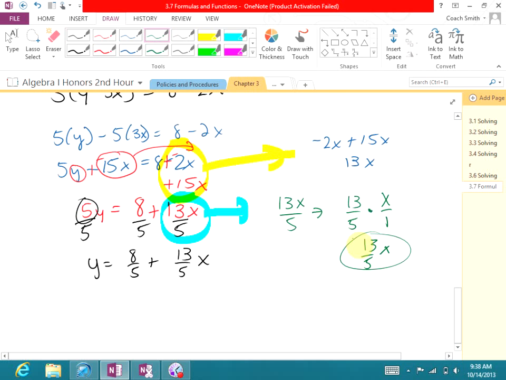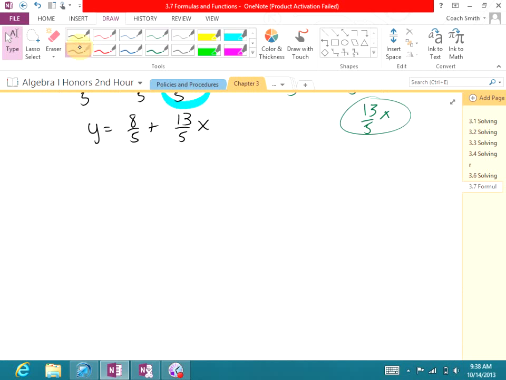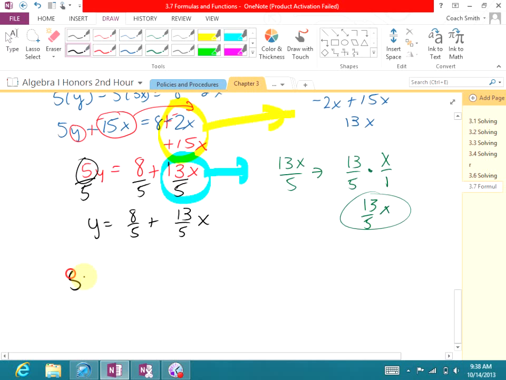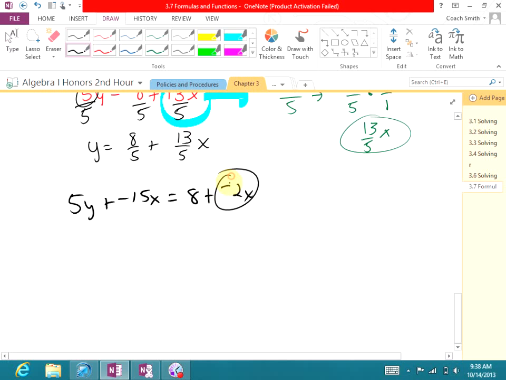No, you don't. So you're saying pull the 2 over to the 15x. Okay? So you have 5y plus negative 15x equal 8 plus negative 2x. Well, first of all, if you did that, that's going to be a positive 2x. So that gives you 5y plus negative 13x equal 8.